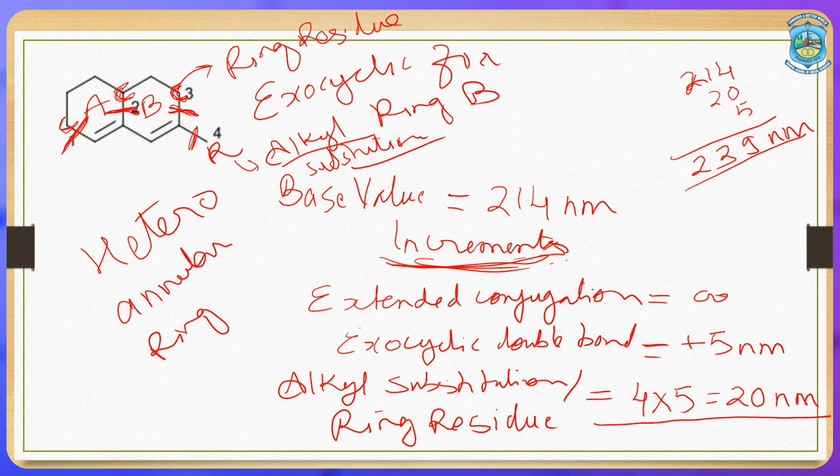And what is this 239? 239 nm that we have calculated is the value of lambda max for the given molecule. In this way, by applying the rule, we have calculated the lambda max for a molecule.